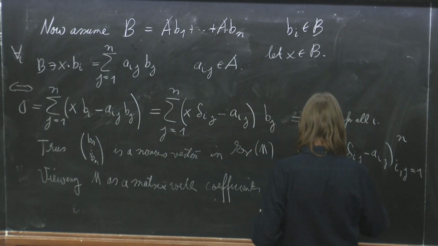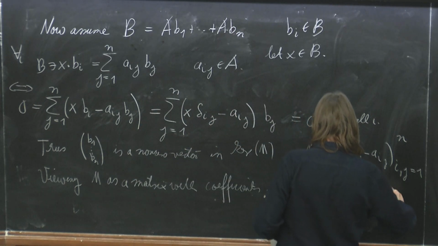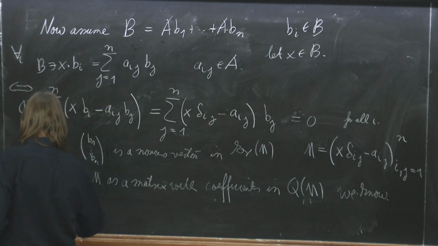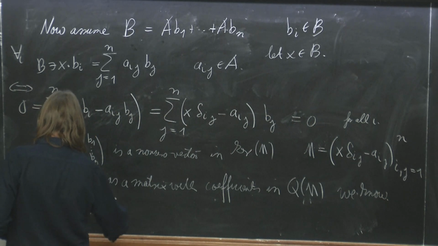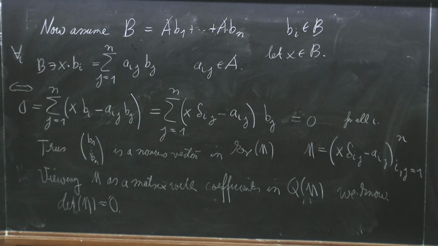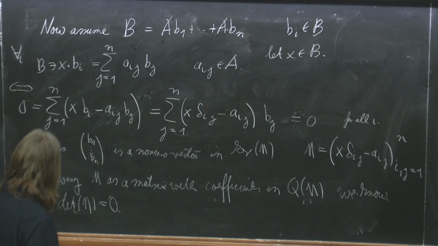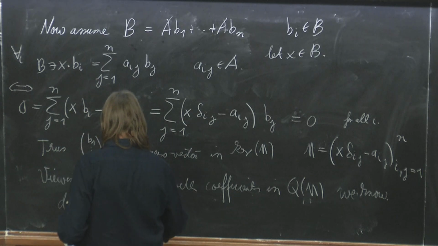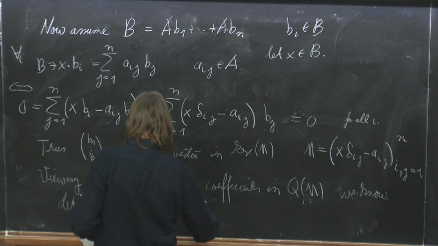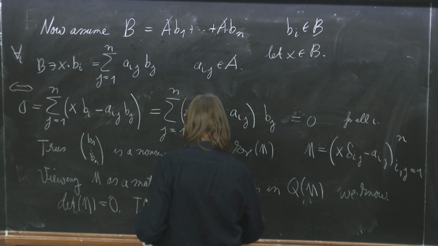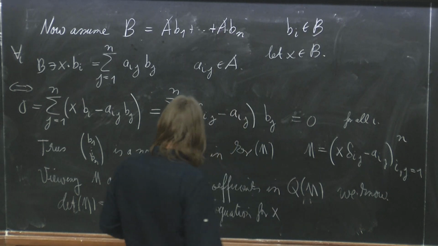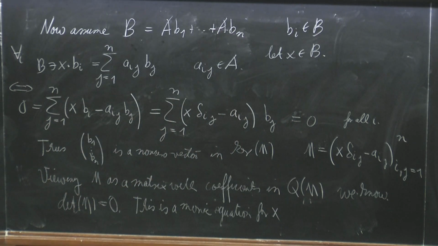So we know that the determinant of M is 0. And this obviously is a monic equation for x with coefficients in A. So we see that remembering one's linear algebra helps one out here.